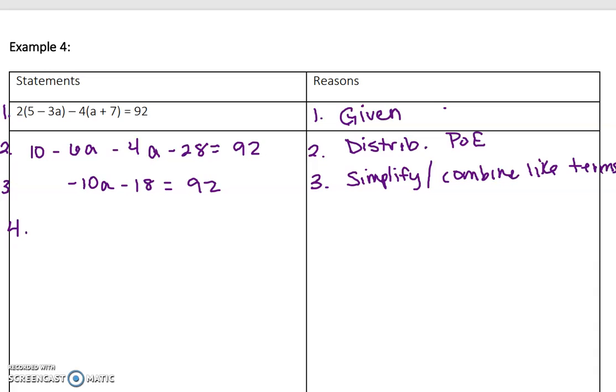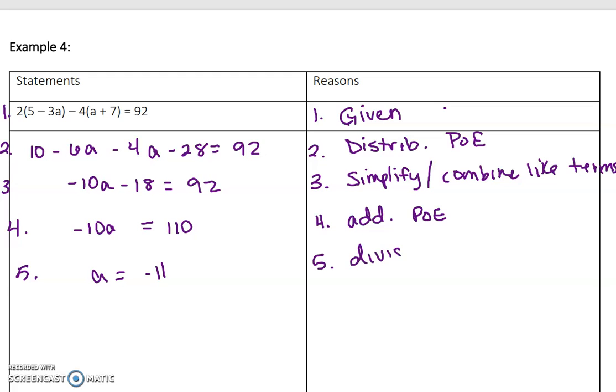And then step 4, I'm going to use addition to add that 18. Addition property of equality. And last step, I'm going to divide. Division property of equality.